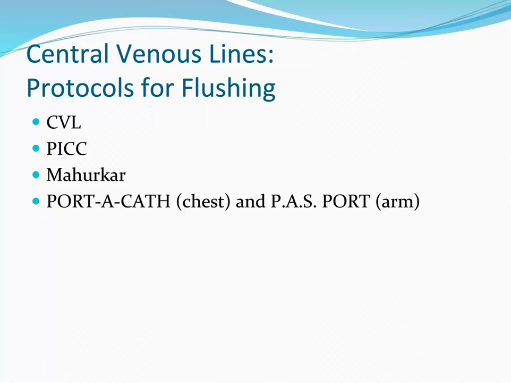A Portacath or chest catheter requires a 10 milliliter flush after infusion, and a PassPort or arm catheter requires a 20 milliliter flush after infusion. When not in use or locked, inject 5 milliliters of heparin, concentration 100 units per ml, to maintain patency, per MD order.